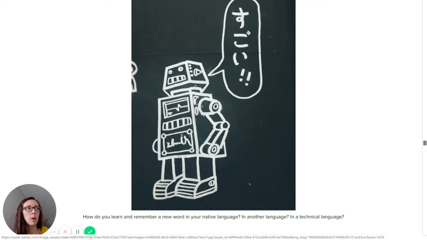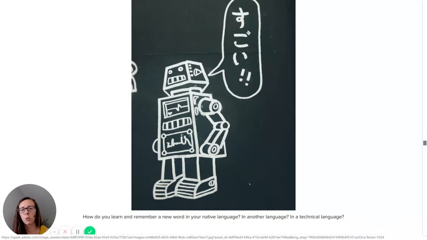So when we're thinking about language, when we're thinking about our computer science classes, when we're thinking about the sheer volume of language that is happening all the time in our computer science classes, both through input and output, just curious of how you learn language best. Is there a special technique that you like to use when you are learning and remembering a new word in your native language?